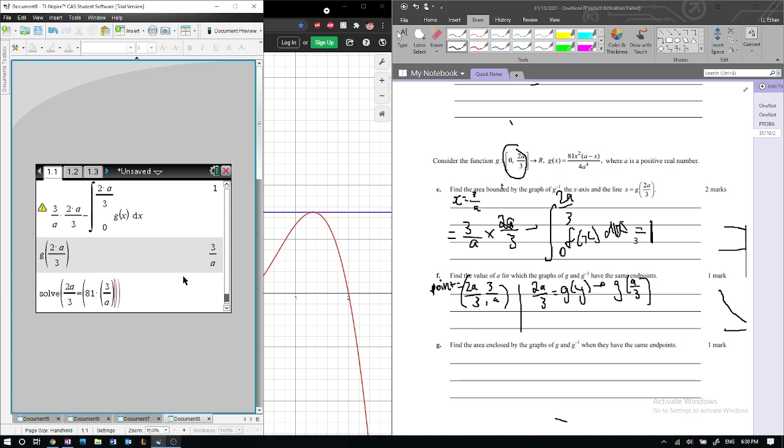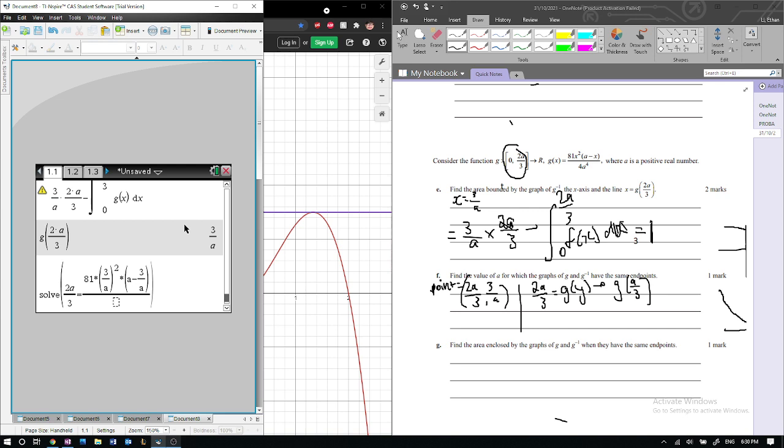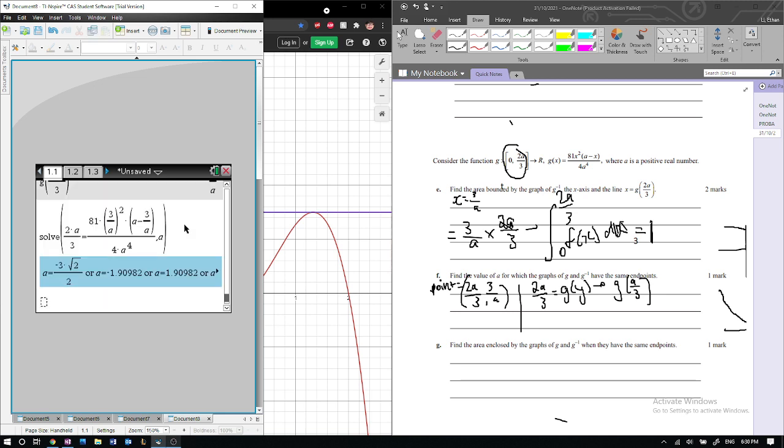3 of a squared times a minus 3 on a, and all of that over 4a to the 4. And I'm solving that for a. And I get these. So we know that a is a positive real number, so it's between these two.